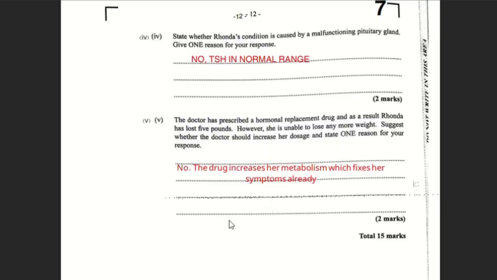So basically, no. The hormonal replacement drug that Rhonda was given is mainly to just fix her symptoms, right? So when someone has hypothyroidism, their fatigue, tiredness, all that stuff comes with it, right?